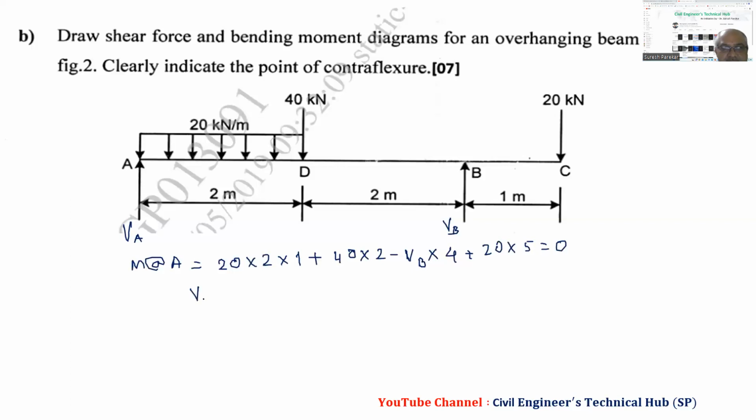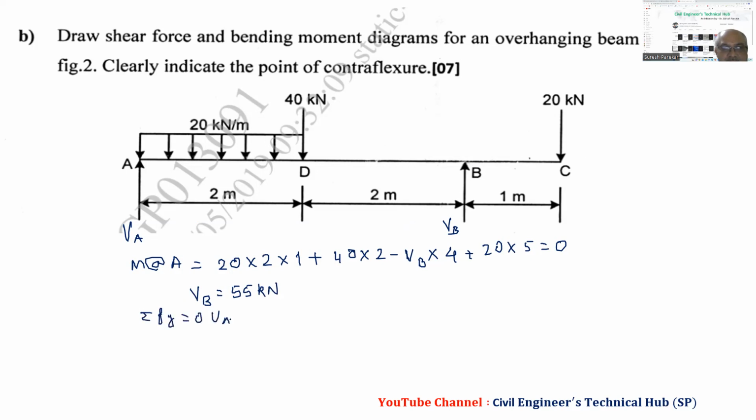And from this we will get the value of VB, that is, sorry, VB we have 55 kilonewtons. Then apply Fy equal to 0.